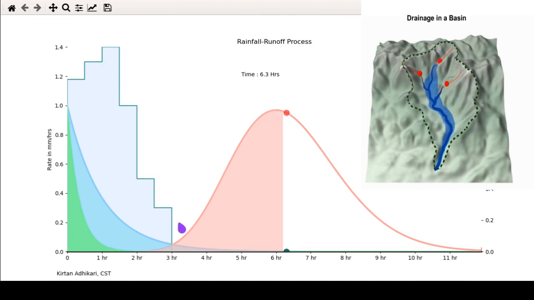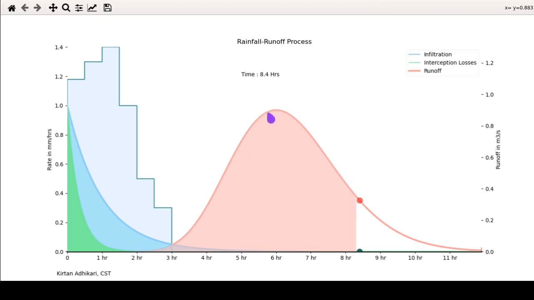As the volume of water in the catchment drains into the channel, which gradually increases the discharge at the basin outlet. The runoff continues to increase even after cessation of rainfall as water takes time to travel to the outlet. The runoff finally reaches its peak and then gradually decreases.